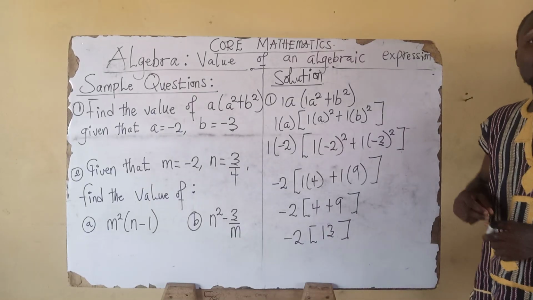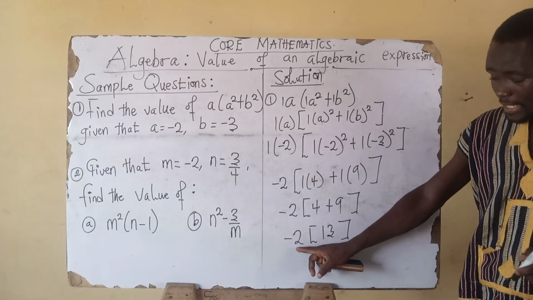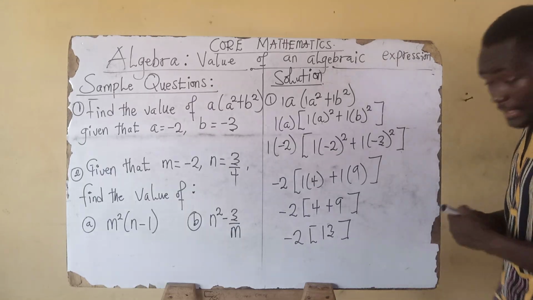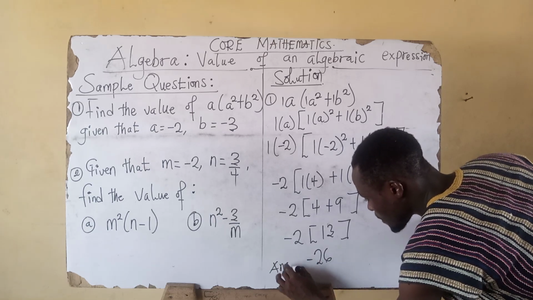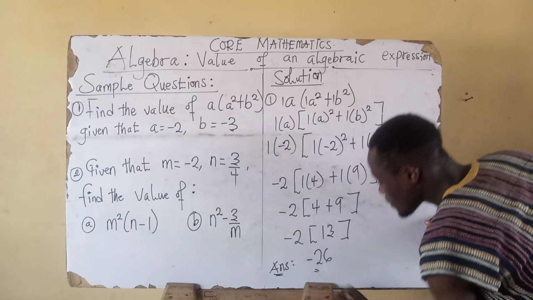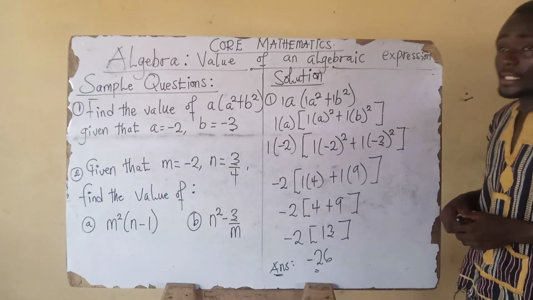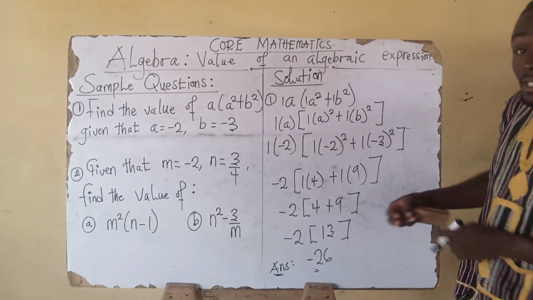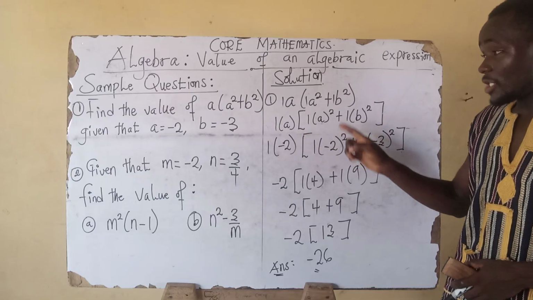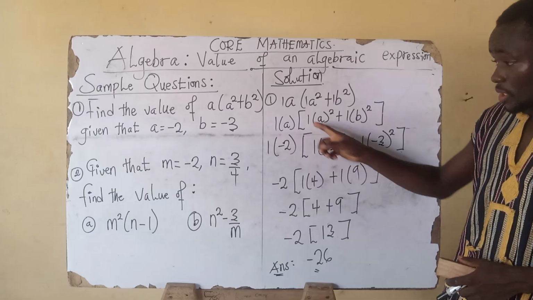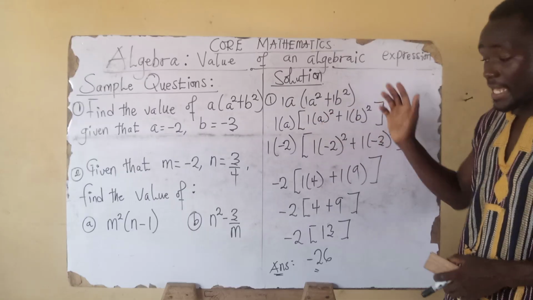So we are getting that. So after we multiply the negative 2 by that, where our answer becomes what? Negative 26. So this then becomes our final answer. Is what we are getting as our final answer. So that is one way in going about it. Please remember that I did this bracket like this so that you will not get confused. Okay, so then this bracket is the same as this big bracket that I have here.